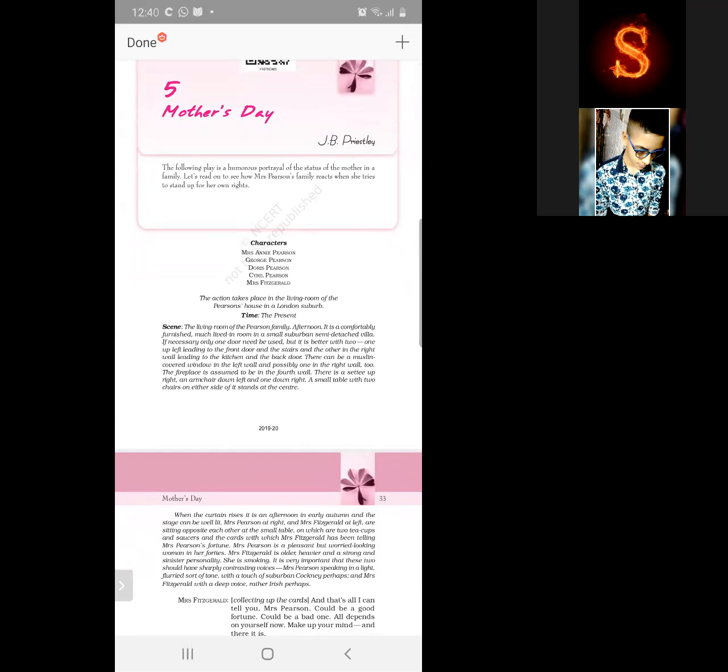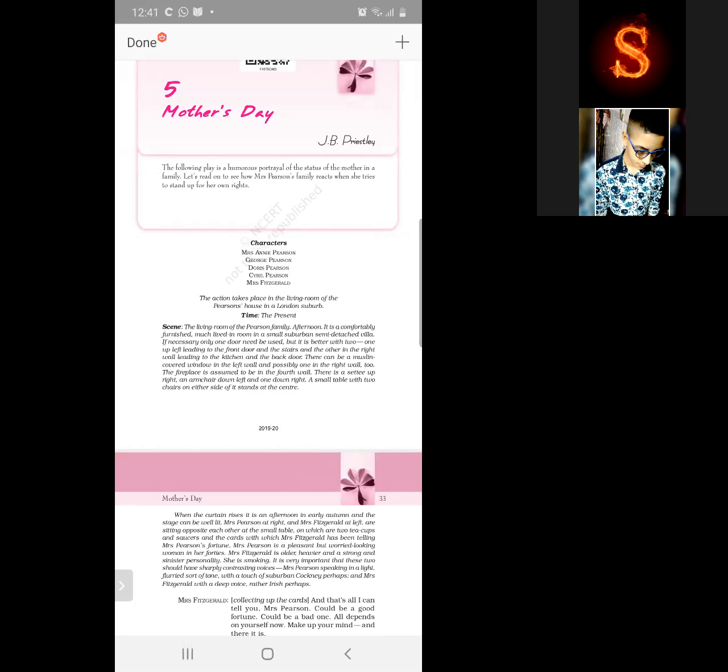Mr. George Pearson, that is Mrs. Annie Pearson's husband. Then we have Doris Pearson, and then we have Cyril Pearson, the two children of the Pearsons. And a neighborhood friend by the name of Mrs. Fitzgerald. Now, the action takes place in the living room of the Pearsons' house in a London suburb, and it's the current time.